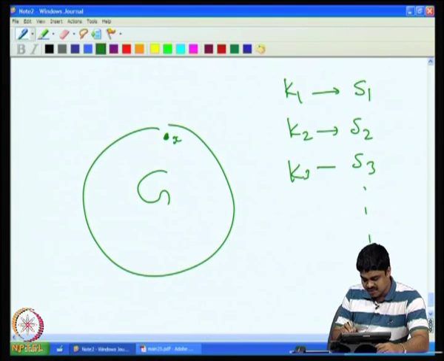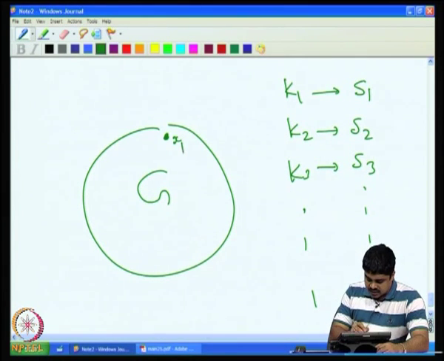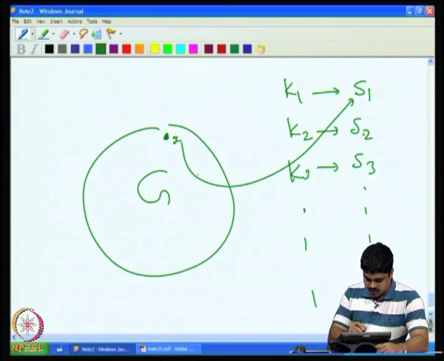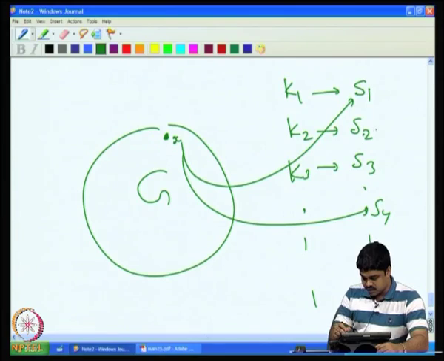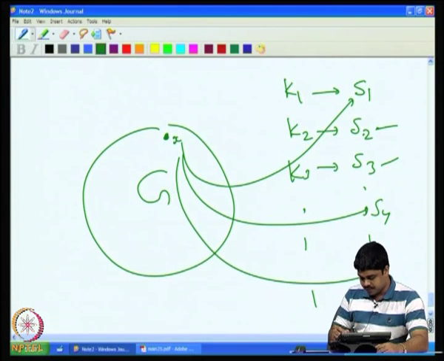Some of them may be the same, but it does not matter, we will consider different copies. So this x may be part of one, it may not be part of another; it may be part of S4, it may not be part of S2 and S3, it may be part of S10.